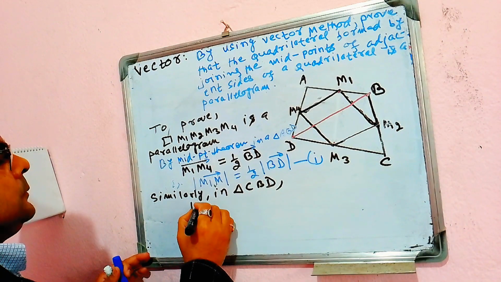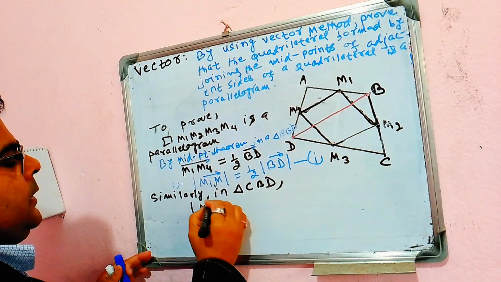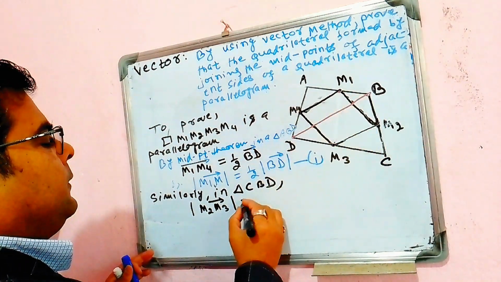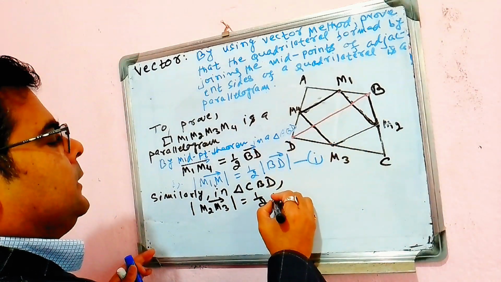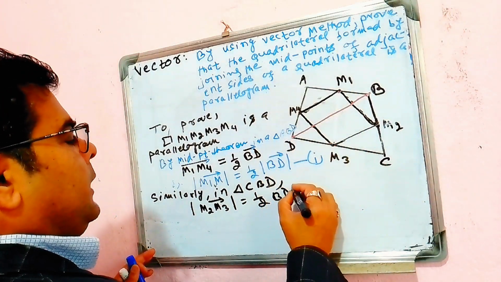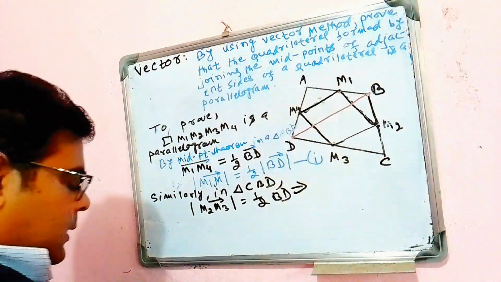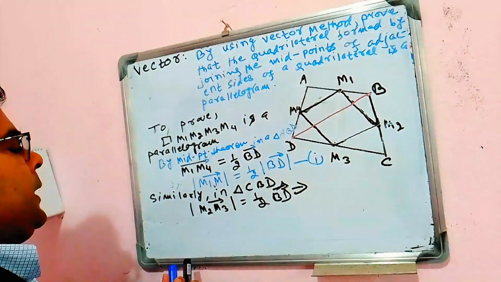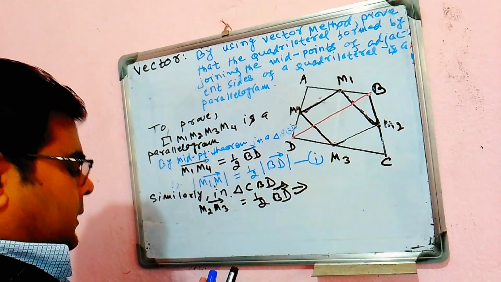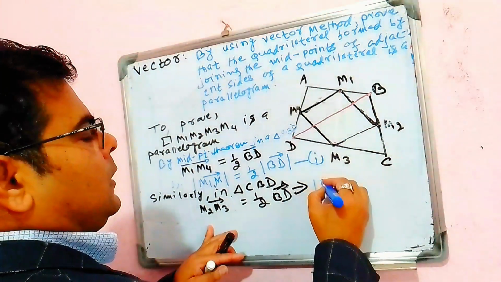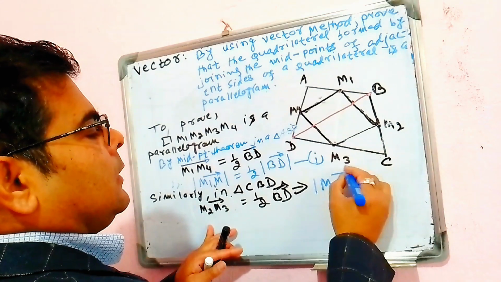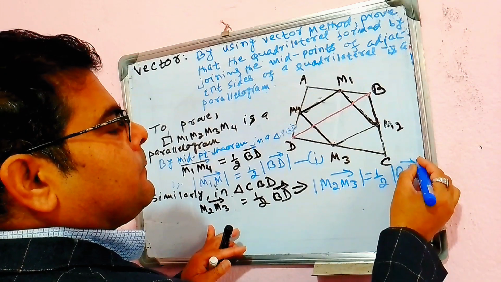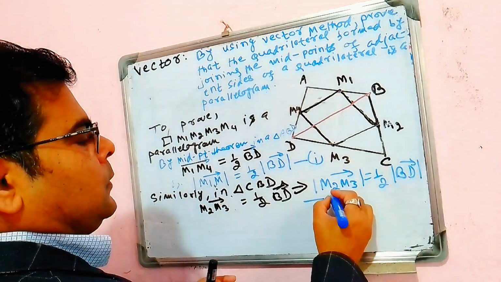The relation is that vector M2 M3 is half of vector BD, in the same direction and with the same magnitude. So the magnitude of M2 M3 equals half the magnitude of vector BD. This is equation 2.